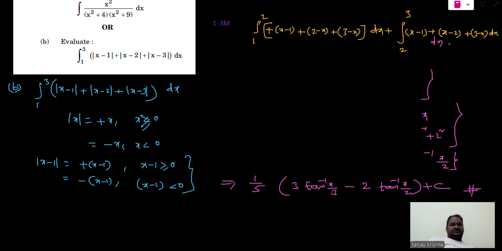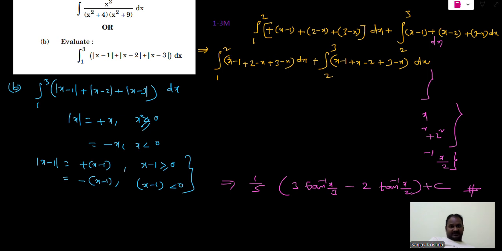Now you are going to simplify this. When you simplify, once you observe, I think there is some cancellation possible here. That is integral 1 to 2 of x minus 1 plus 2 minus x plus 3 minus x into dx, plus integral 2 to 3 of x minus 1 plus x minus 2 plus 3 minus x into dx, right?